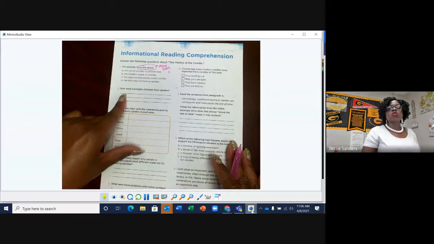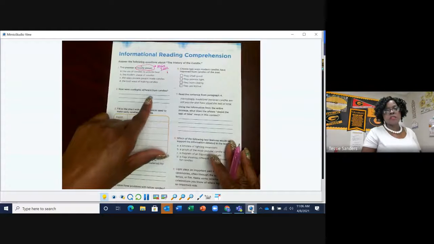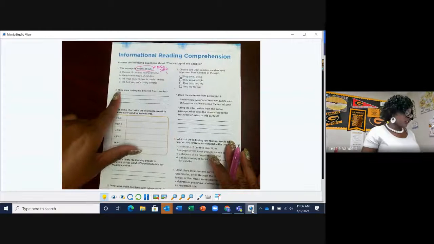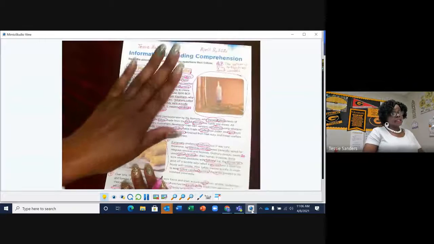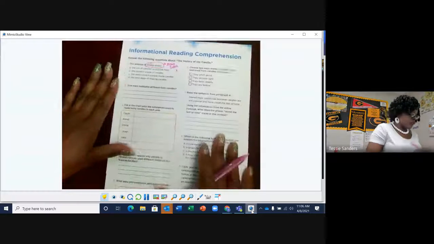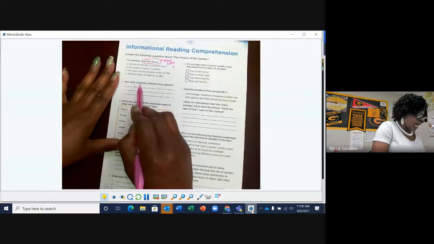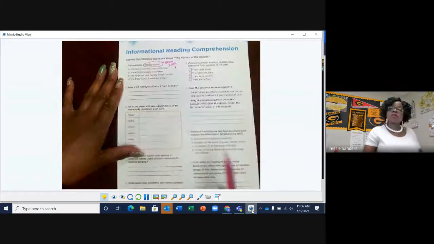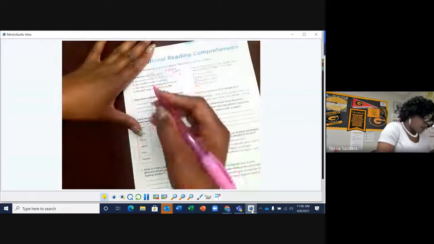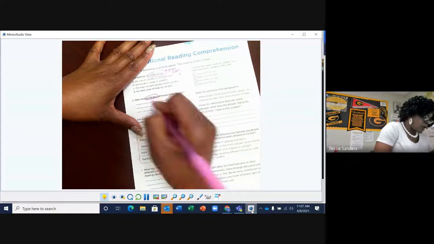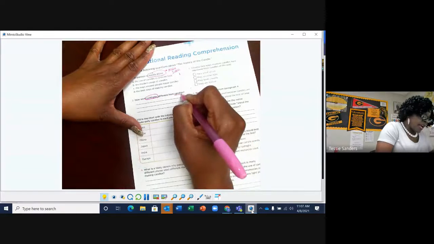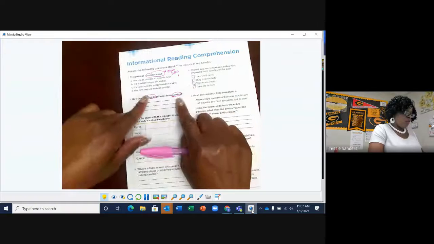So we need to make sure we're writing in complete sentences that make sense using information from the passage. Read number two. How were rushlights different from candles? Comparison, contrast. We're taking a look at what? Rushlights and what? Candles. So these two are our subjects.